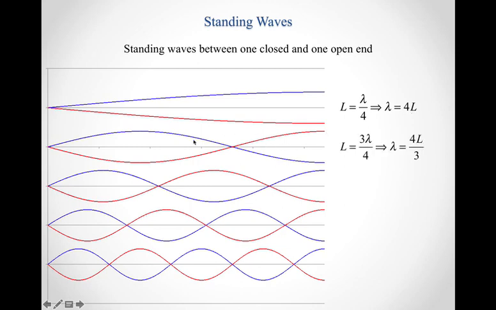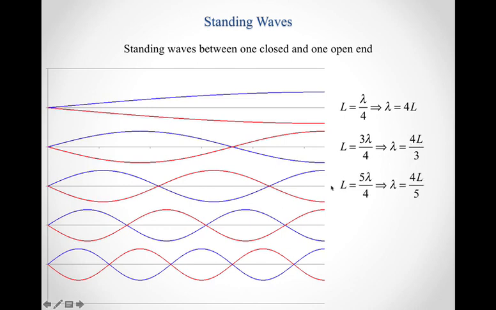When I look at my third harmonic, I see a hump plus 1/4. So this is half a wavelength in the hump plus 1/4 of a wavelength over here. So this is 3/4 of a wavelength, which I can solve for lambda is 4L over 3.